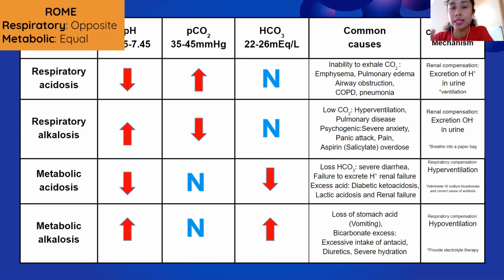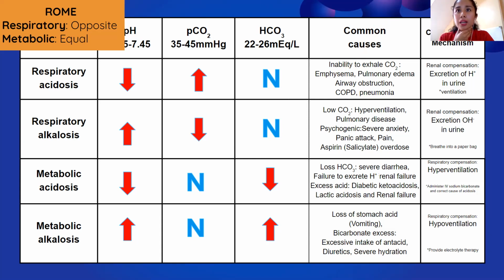So there are cases. The conditions of respiratory acidosis, class, are conditions which affect your respiration. You do not have the ability to exhale carbon dioxide. That's why you retain so much carbon dioxide. So what could be the cases? We have emphysema, pulmonary edema, airway obstruction.